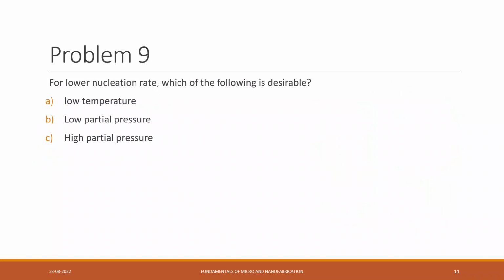So it's question number 9. We discussed that for a lower nucleation rate, which of the following is desired? Low temperature, low partial pressure, high partial pressure.